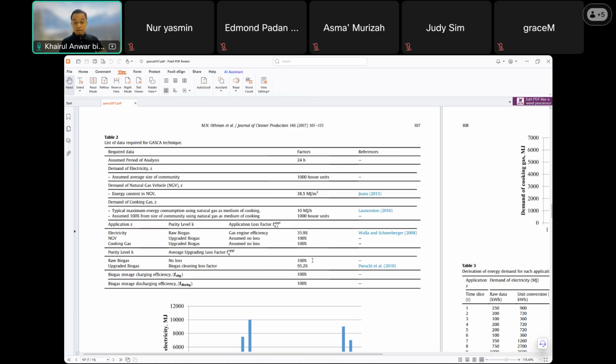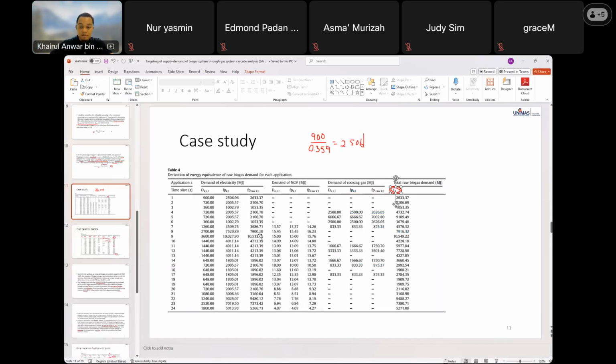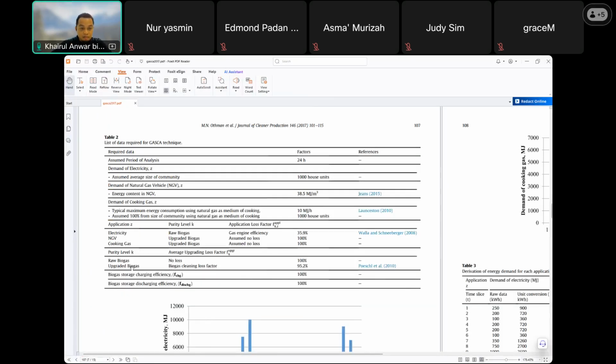All right. So for the value of F0 here, based on table 2, it's actually using the upgraded biogas.